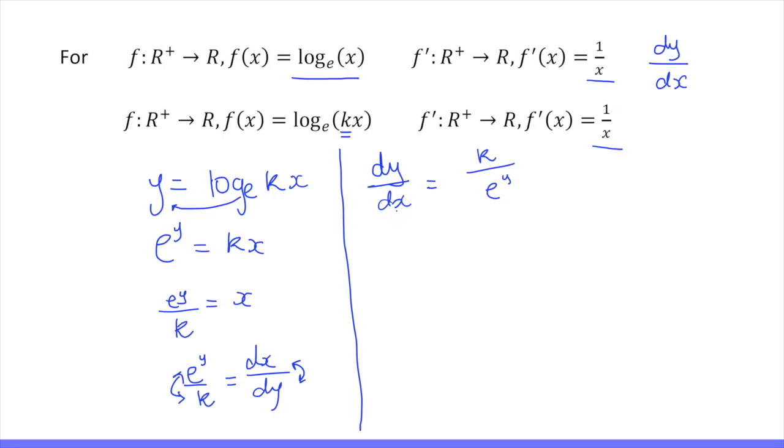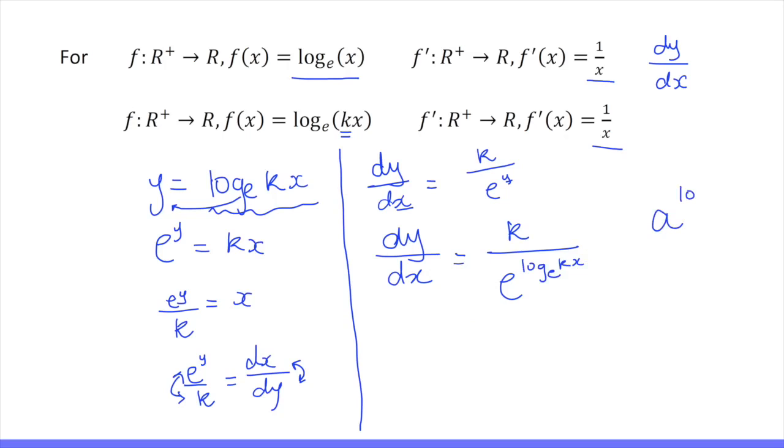Now, lastly, I want this derivative to be in terms of x, not in terms of y. So what I can do is substitute my original function of y. So that's dy over dx is equal to k on e to the power of log e of kx. Now, one of the rules in logarithms, although not spoken about as often, is that any base to a power with the same base essentially cancels out, and it leaves behind whatever that inside value is, which is kx.